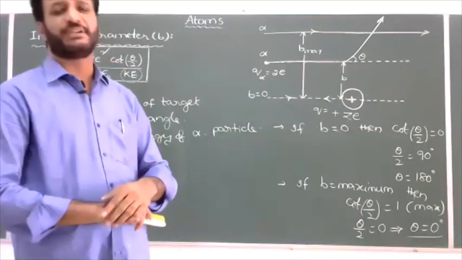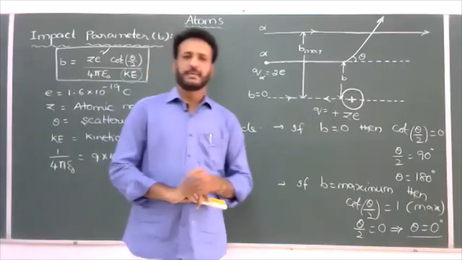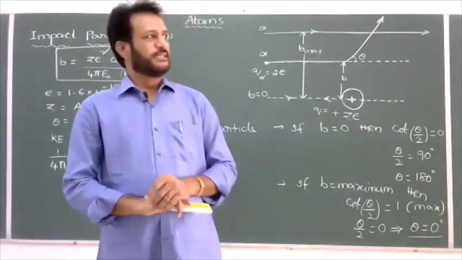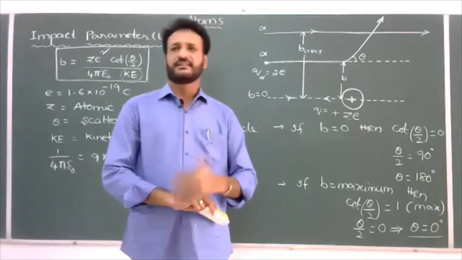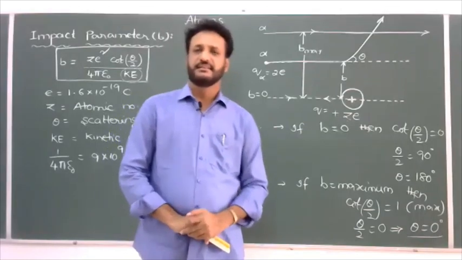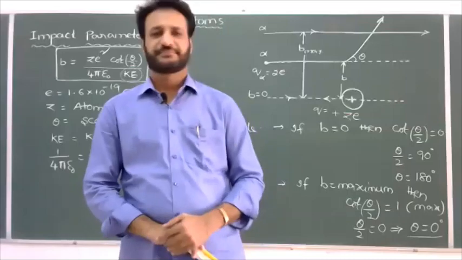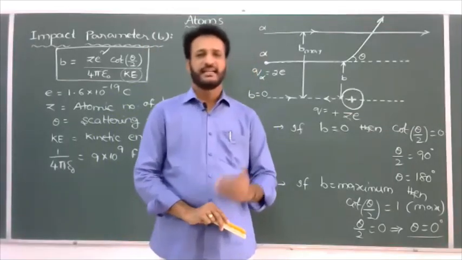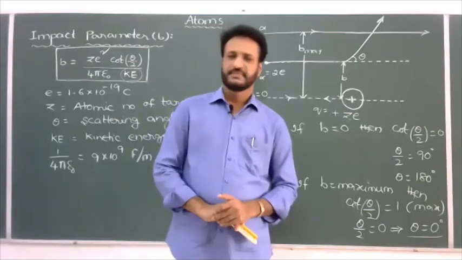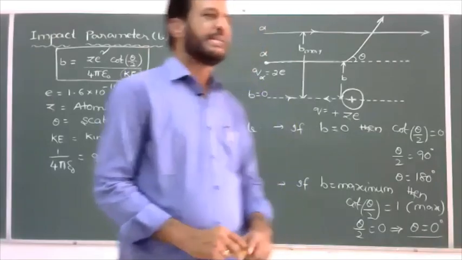How can we write a simple definition? The perpendicular distance between the initial velocity vector of the alpha particle and the center of the nucleus is called the impact parameter.